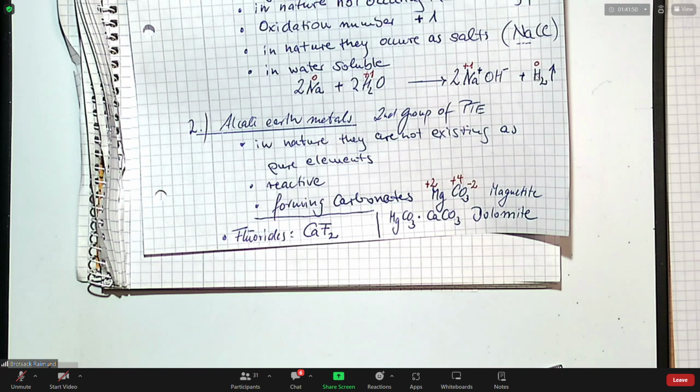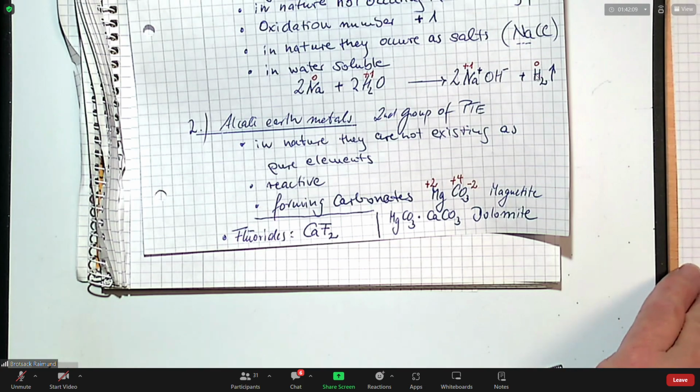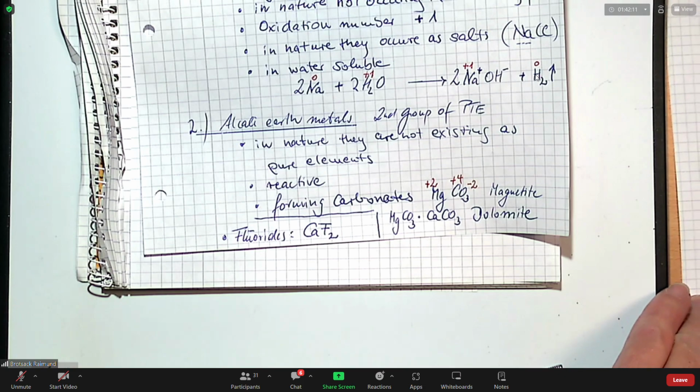Then we had the calcium fluoride as one of the examples of the AB2 type. If you remember, that's an AB2 type. And for this calcium fluoride, the crystal structure formed is called fluorite. So another name for it is fluorite.